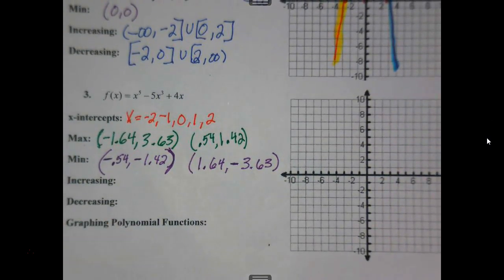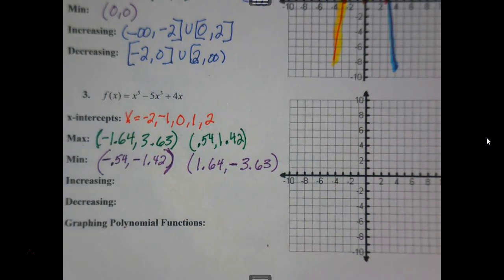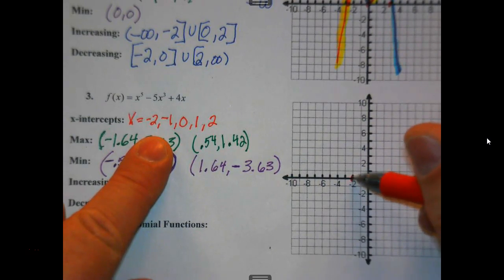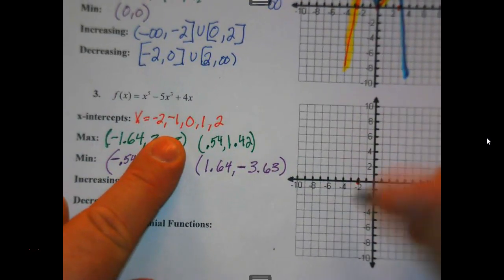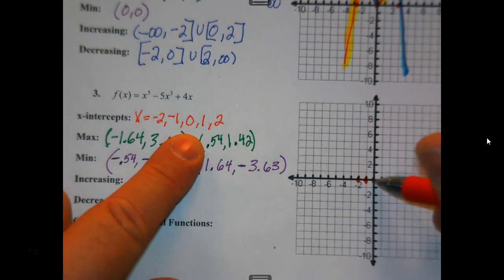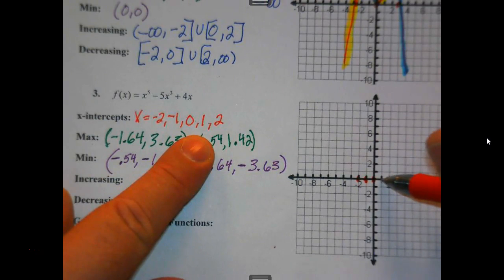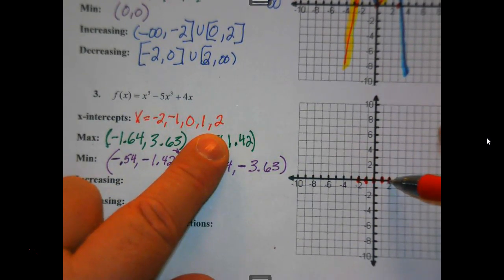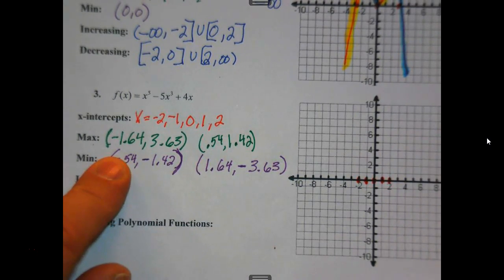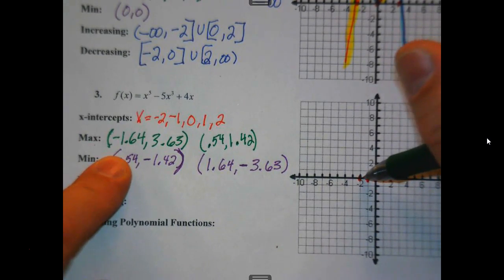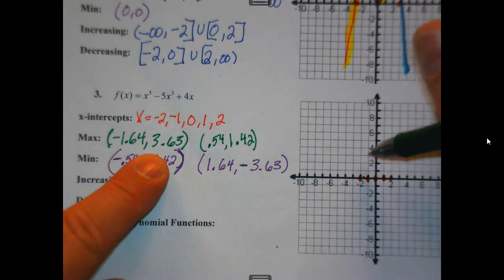All right, let's draw this. X-intercepts. X equals -2. X equals -1. X equals 0. X equals 1. X equals 2. My 2 maximum turning points: -1.64, up 3.5.